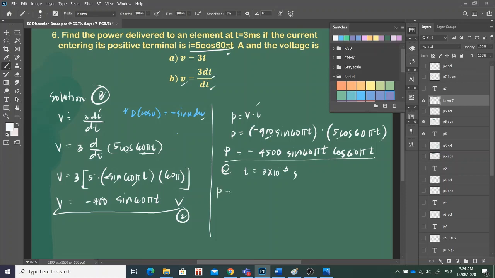So, P is equal to negative 4,500 sine of 60 pi times 3 times 10 raised to negative 3, multiplied by 5 cosine of 60 pi times 3 times 10 raised to negative 3.